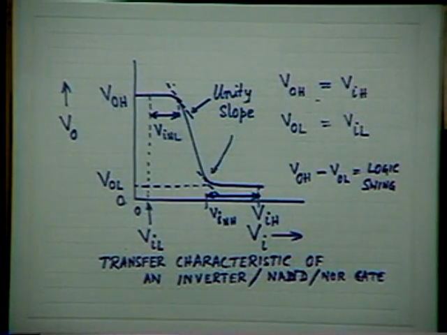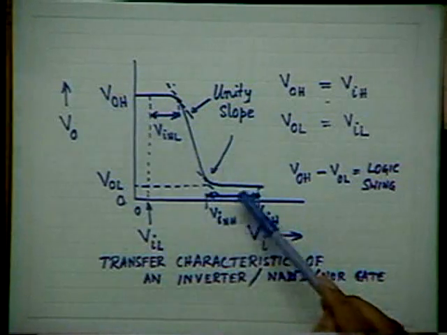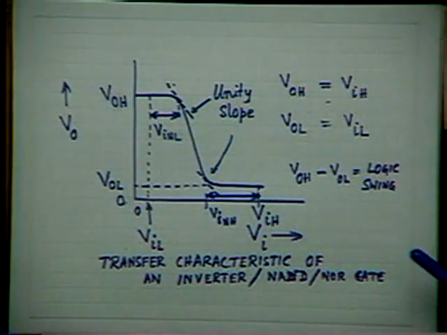It should be large enough. The logic swing should be large enough. This is the first requirement. And the second requirement is the two noise margins should be as high as possible.